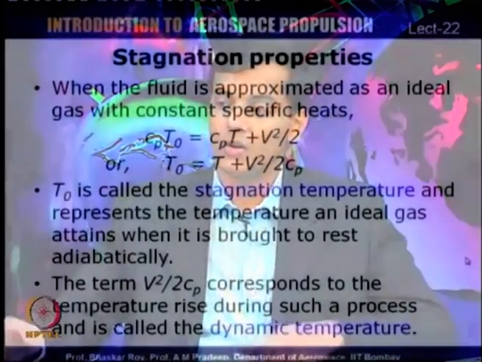That is, on the left hand side we have a temperature with a subscript 0, that is known as the stagnation temperature. Stagnation temperature is equal to the sum of the static temperature plus one term which we are going to define as the dynamic temperature, because that changes with fluid velocity, and that is why it is called dynamic temperature.